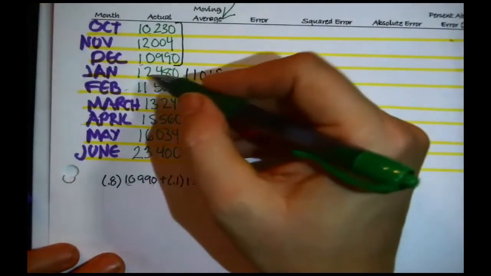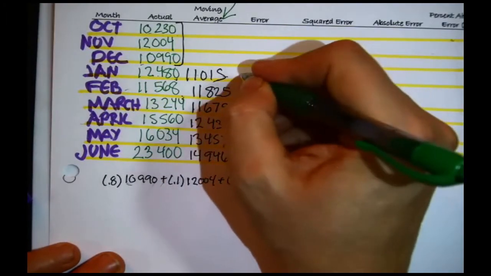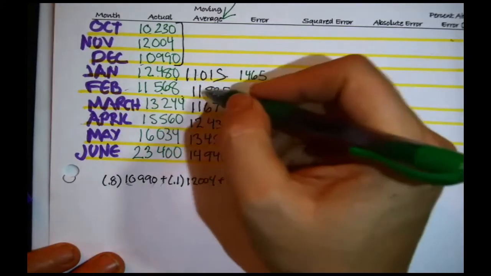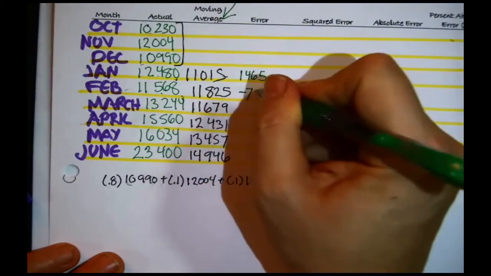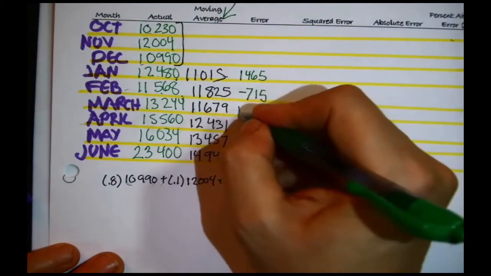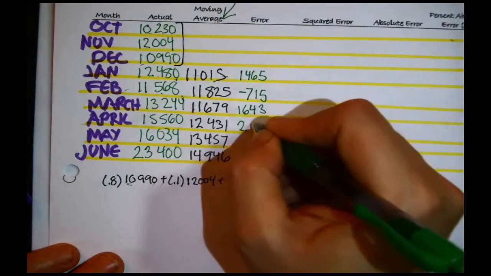The next natural step to assess those forecasts is to find the error in each one of those forecasts. Well, that's just actual minus forecast. I get an error here for the weighted moving average of negative 1,465 for January. Another negative error for February, negative 715. The error for March, 1,643. The error for April, 2,560.